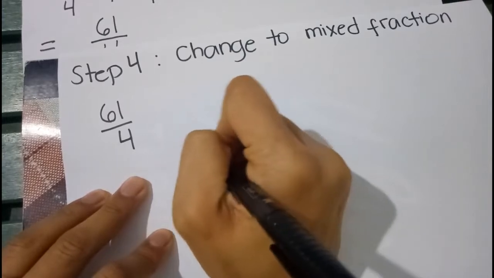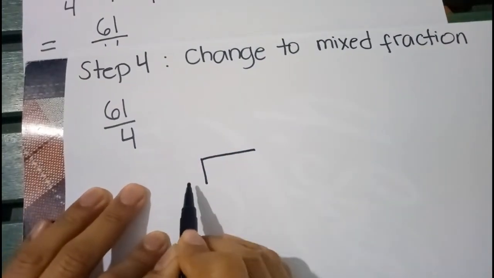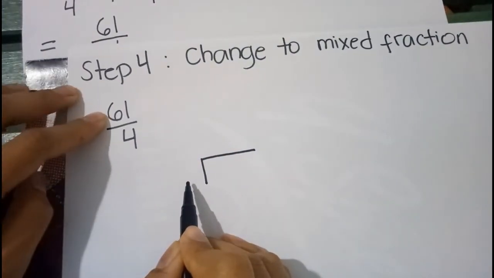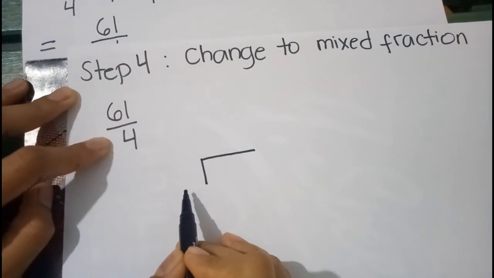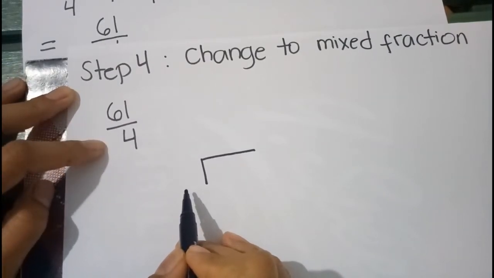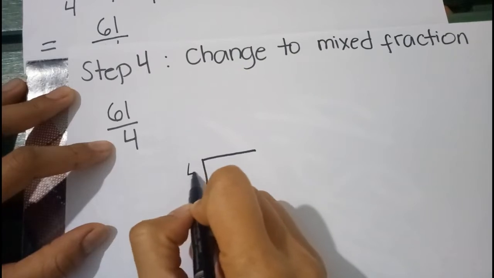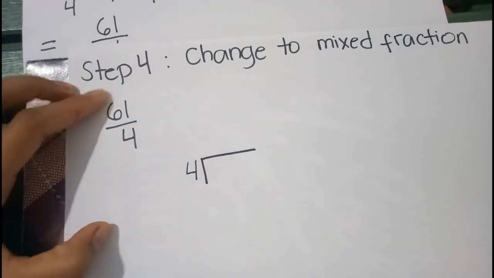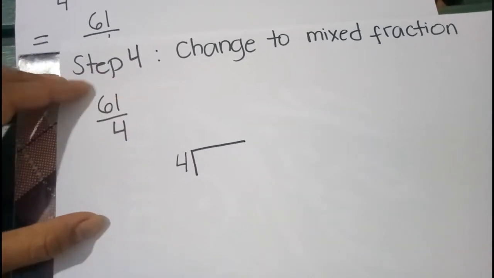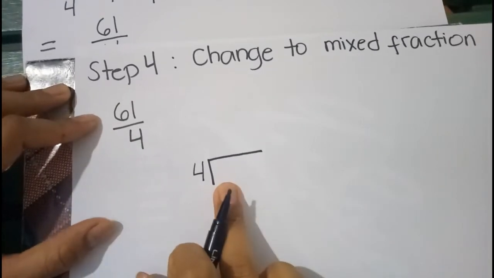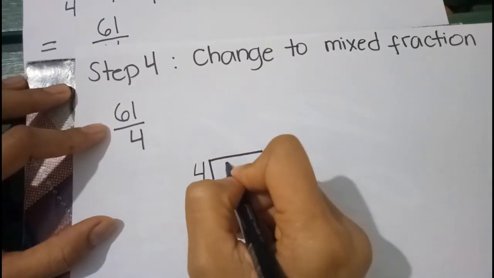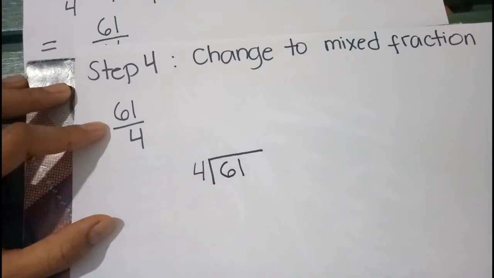The number that we put outside is always our denominator. In this fraction we have 4, so we write 4 outside, and our numerator will always be our dividend, 61, so we write 61 here.